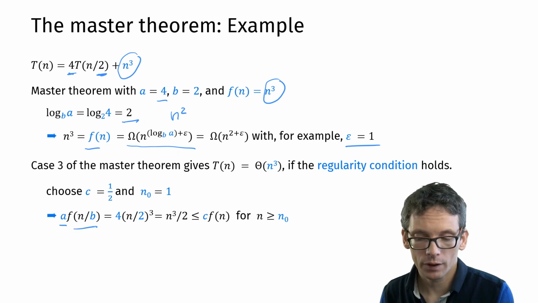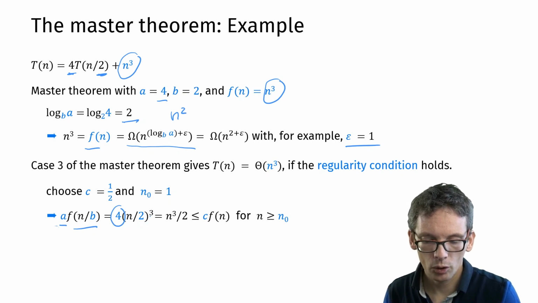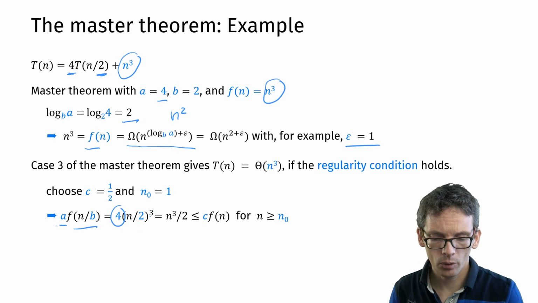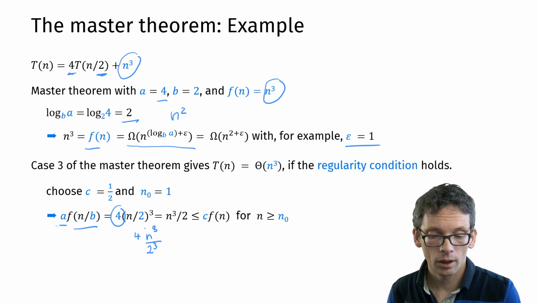A times f of n divided by b is 4 times n divided by 2, because a is 4 and b is 2, cubed. Now if we do the calculation, this is 4 times n cubed divided by 2 cubed. 4 divided by 2 cubed, 2 cubed is 8, so that is 1/2.